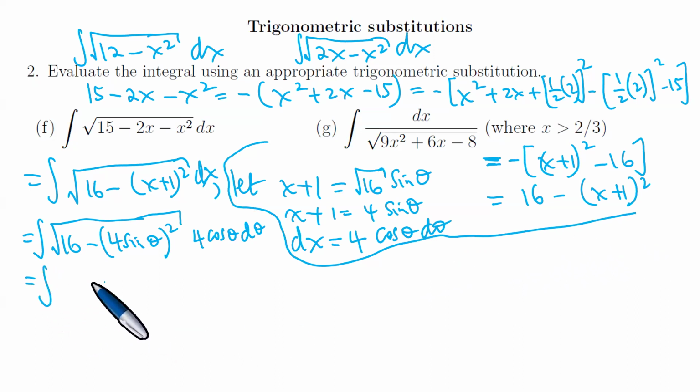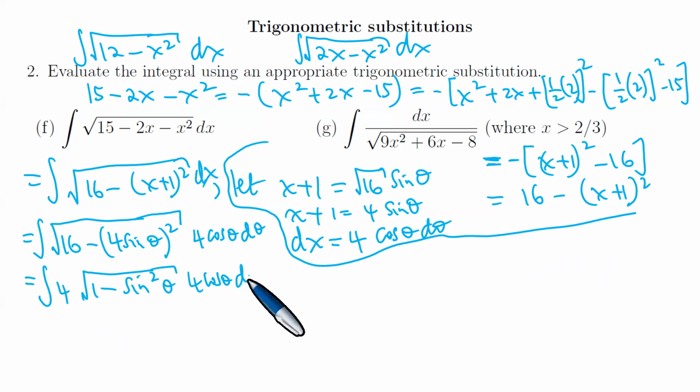So in the end, this one is 16, since 4 squared is 16. You factor out the 16, and under the square root it becomes 4 times the square root of 1 minus sine squared theta, then 4 cosine theta d theta. What is 1 minus sine squared?